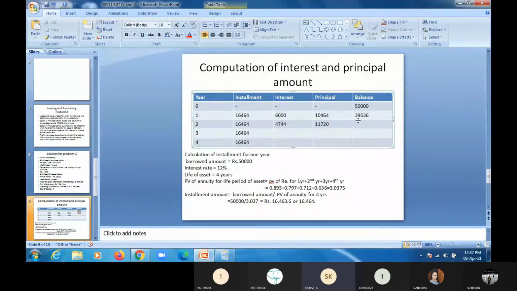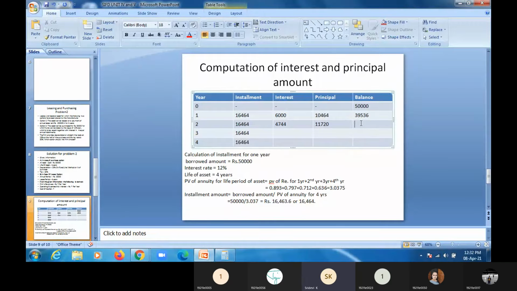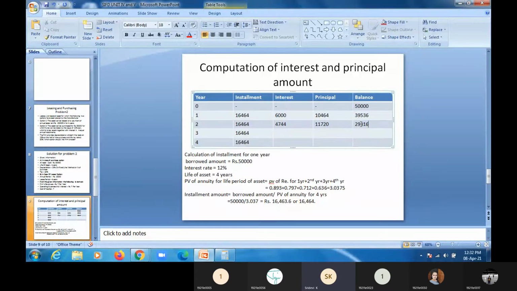So this 11,720 you deduct from 39,536. So you will get 27,816, the balance on which interest needs to be calculated.